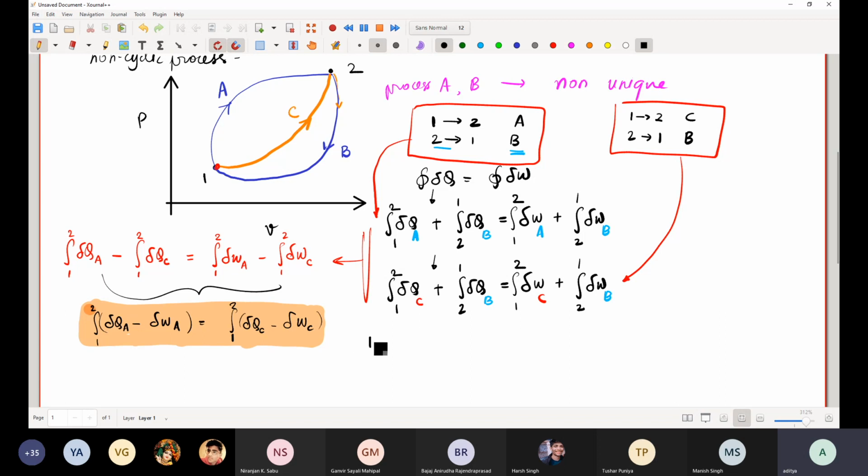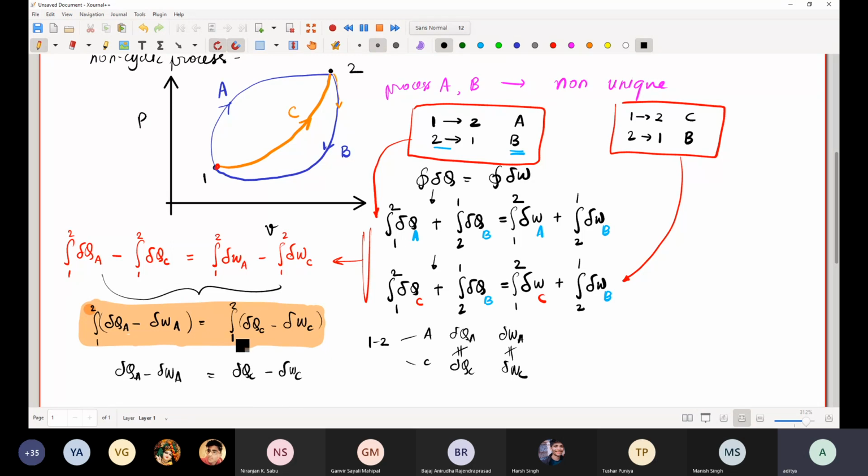In going from 1 to 2, you have process A, process C. Del Q A is not equal to del Q C. Del W A is not equal to del W C. But the difference of del Q A and del W A is equal to the difference of del Q C and del W C.